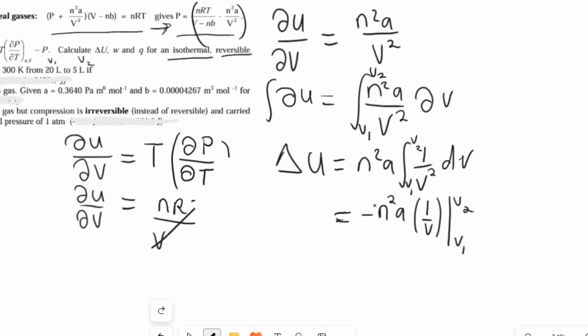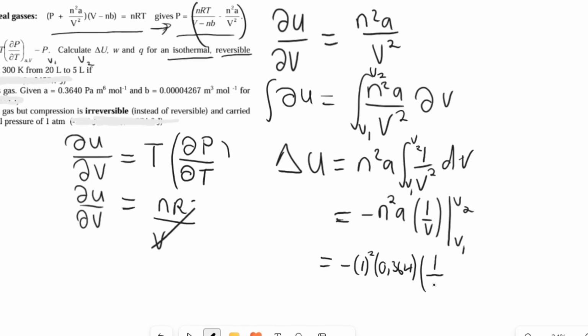Then we have what as the answer? We have minus n is 1, 1 squared is 1, and then a is 0.3640, and then what do we have here? We have 1 over V2.